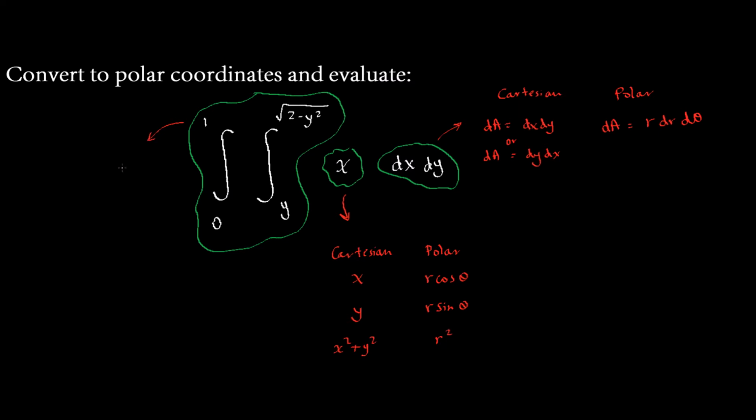The only way you can figure this out is by sketching the region. No matter how smart you think you are, please sketch the region. And also please don't make this mistake. I see this quite often. I see people trying to convert y to r sine theta, and this becomes square root of 2 minus r sine theta all squared.